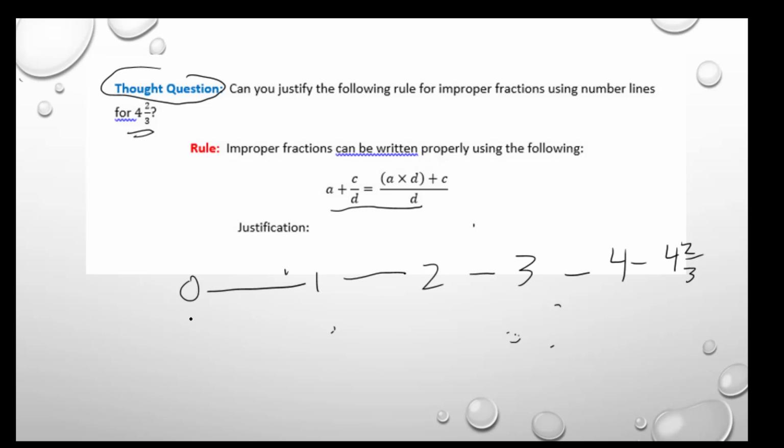Now I'm going to change these into thirds. So I have 0/3 here. 1 is 3/3. 2 would be 6/3. 3 would be 9/3. 4 would be 12/3. And adding 2 more thirds would give me 14/3.